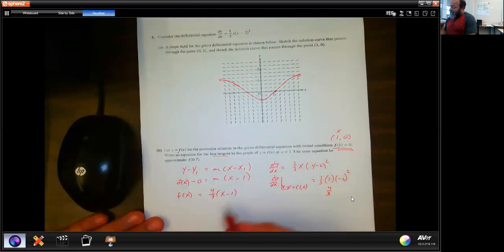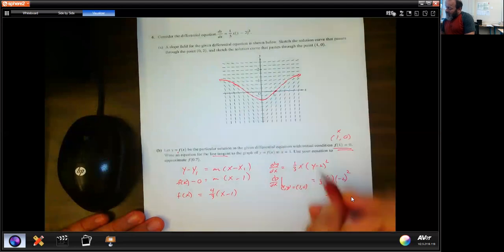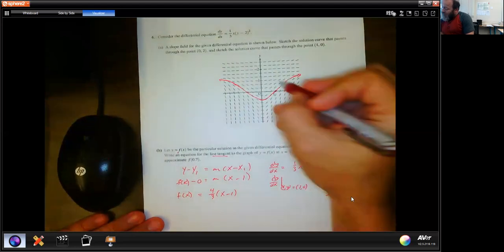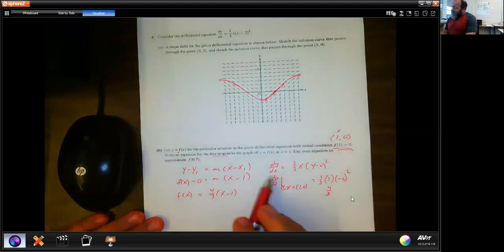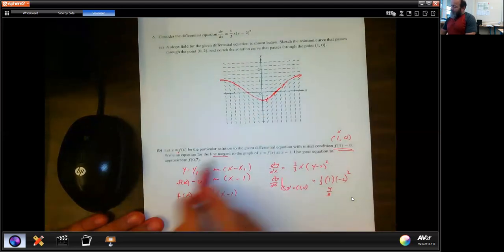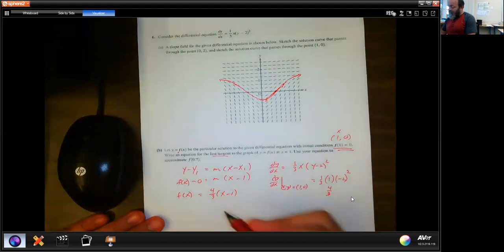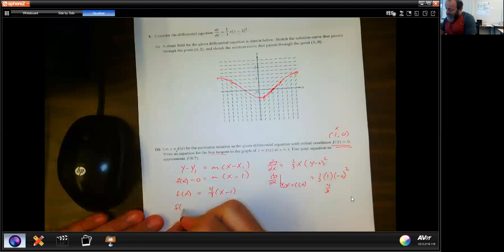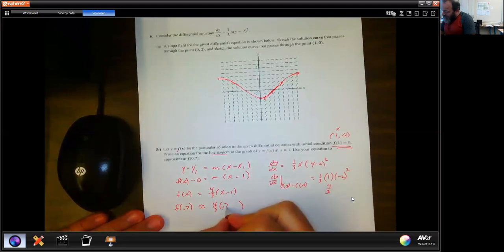Now keep in mind that if you were to look at the story that we have, if you were to make the line right here tangent at 1, 0 coming along like this, and try to use that to approximate what happens at 0.7, you'd know that it's curving away from that line, so it's not going to be perfect. So we're going to say f of 0.7 is approximately 4/3. Now keep in mind that I'm using this equation at 0.7.